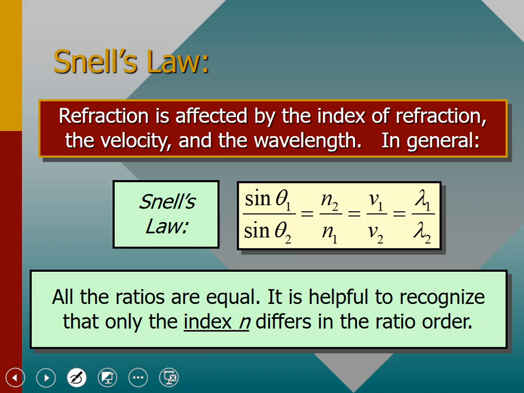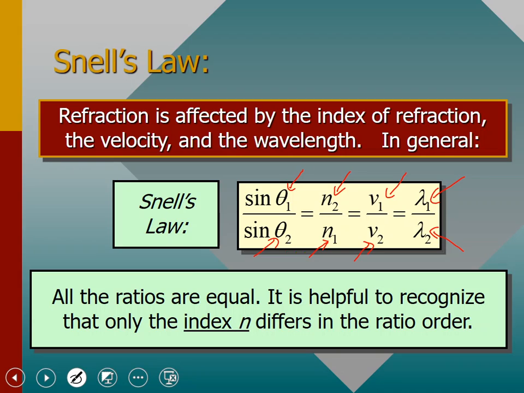Now, Snell's law. Snell, as a scientist, found a relation between angle of incidence, angle of refraction, index of refraction of the second medium, index of refraction of the first medium, speed of light of the first medium, speed of light of the second medium, wavelength of the first medium, wavelength of the second medium. So sine theta 1 divided by sine theta 2 equals n2 over n1 equals v1 over v2 equals lambda 1 over lambda 2.